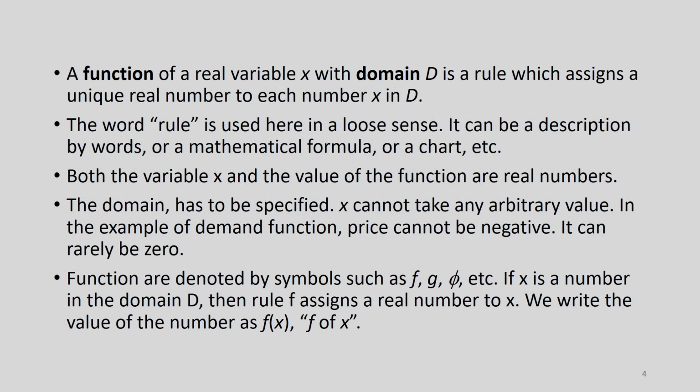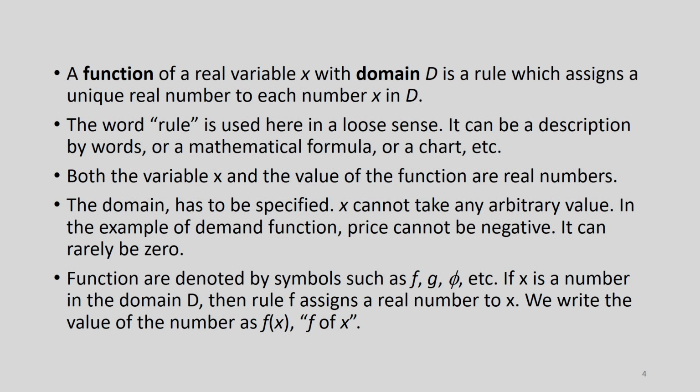So, we defined what is a function. So, this is the definition. Function of real variable x with domain D is a rule which assigns a unique real number to each number x in D. A function can be specified as a mathematical formula.